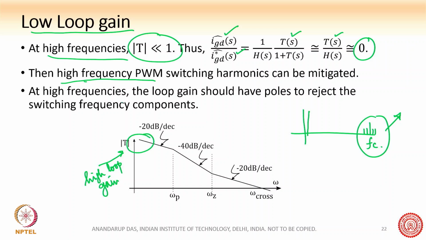So at high frequency, we have already made sure that the loop gain is very, very small. Therefore our aim has always been that the loop gain should go like this, right? This is the Ts. Small gain here and a large gain here.